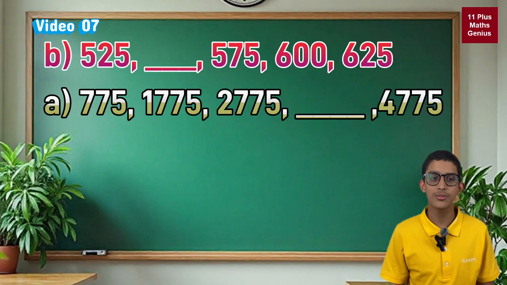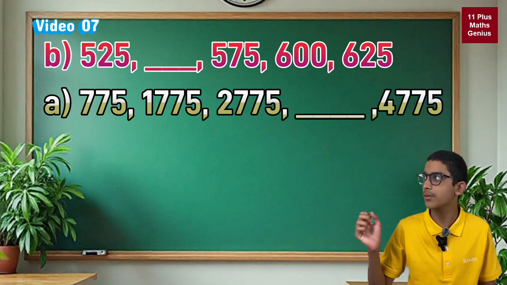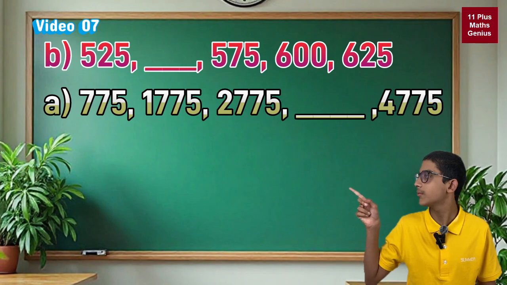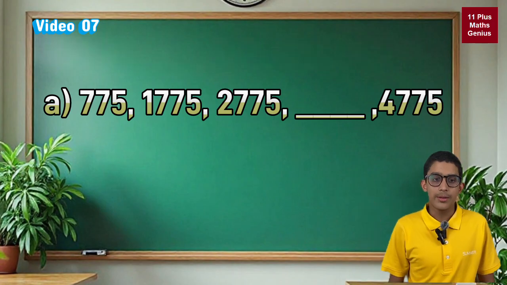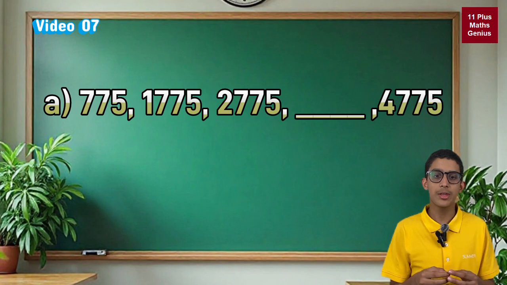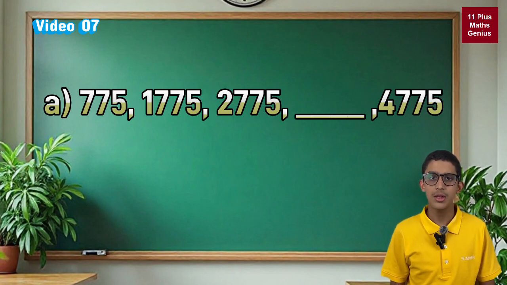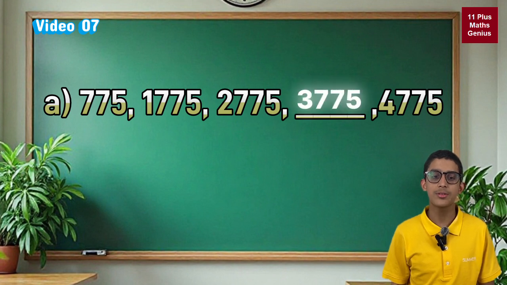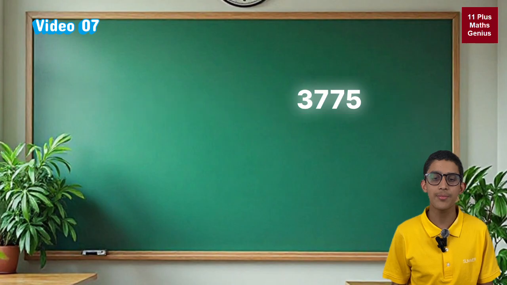B. 525, the missing value, 575, 600, and 625. A. Here, we can see that every time 1,000 is added, so the missing term is, I think you already understand, 3,775. So, can you do number B for me?